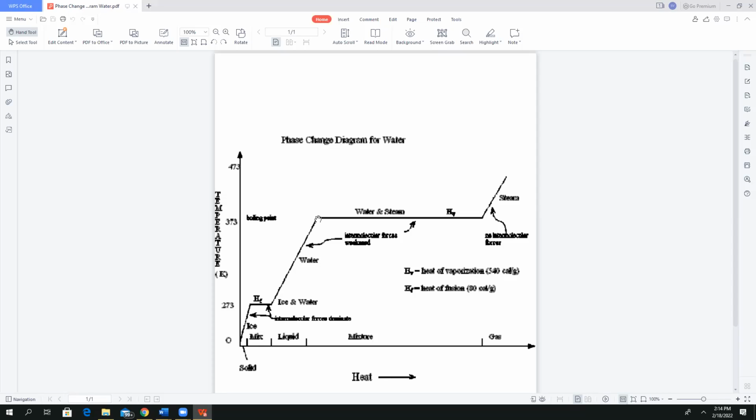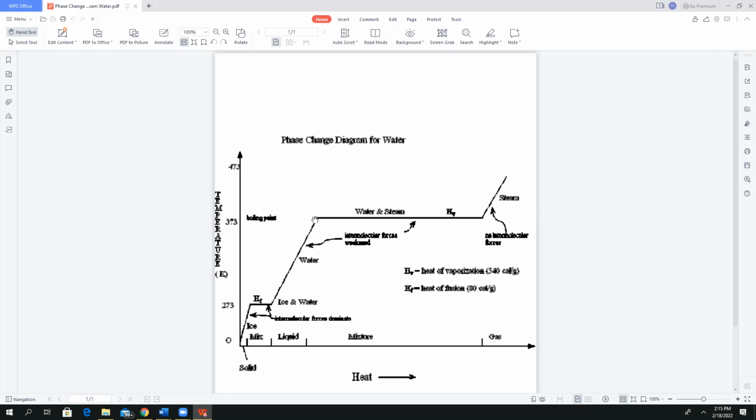And this is much longer, as you notice, because it takes a lot more heat. Well, think about it. Here, we're just changing to a liquid. The intermolecular forces are still present. The molecules are still kind of close. So you're not having to do much here. But from a liquid to a gas, that's a big difference. So you got to do a lot of absorbing of energy, a lot of increasing, right?